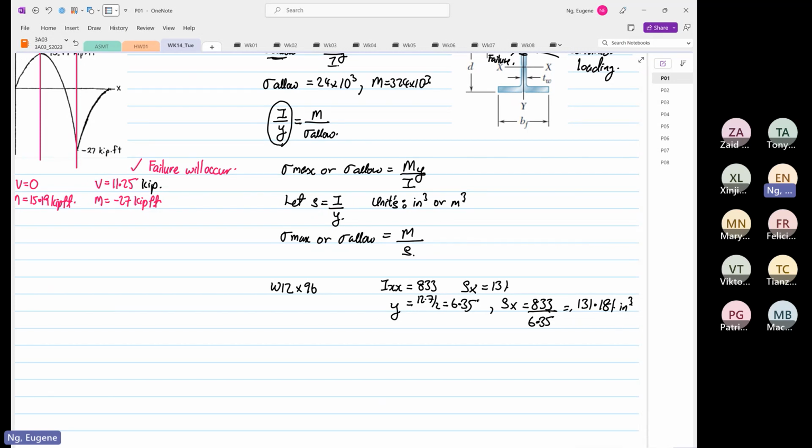So now we are going to calculate our I over Y, which is equal to our S, and this will be equal to 324 times 10 to the power 3 divided by 24 times 10 to the power 3. So 324 divided by 24 is equal to 13.5.